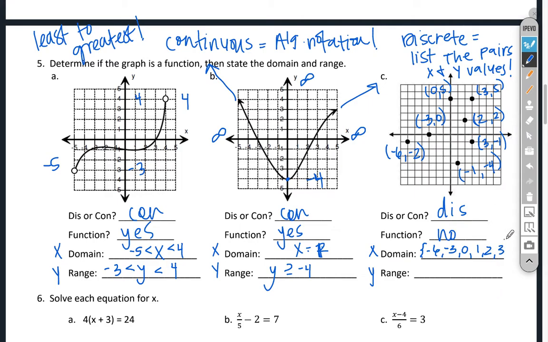Which I already knew was the answer. That's why I wrote it down here. So we have -6, -3, 0, 1. Oh, is that -1? No, that's +1. I'm all kinds of messing up today. +1. And then we've got 2 and 3.